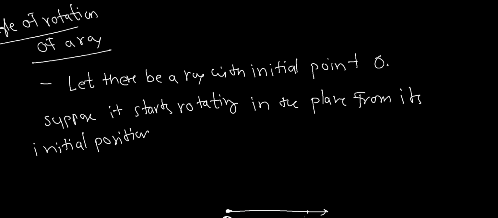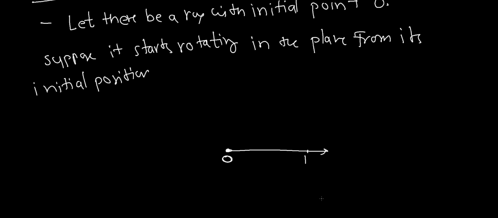This is a point on the ray, A, and this is its initial position OA. Suppose it starts rotating from there about the point O until it reaches the final position OB. This is the second ray, and B is a point on the second ray.